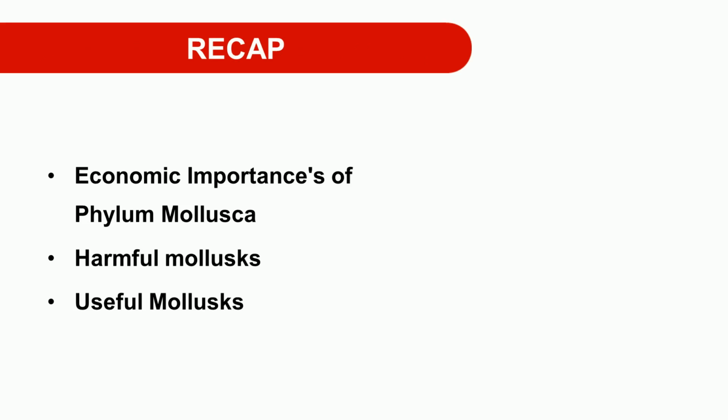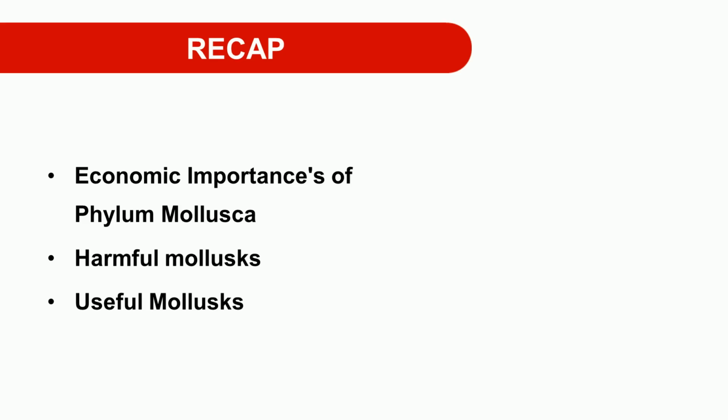In the last lecture, we discussed the economic importance of the phylum Mollusca, and in terms of economic importance we divide them into two parts. Some mollusks are harmful and some are useful. Which are the useful mollusks? Mollusks are used as a food material.